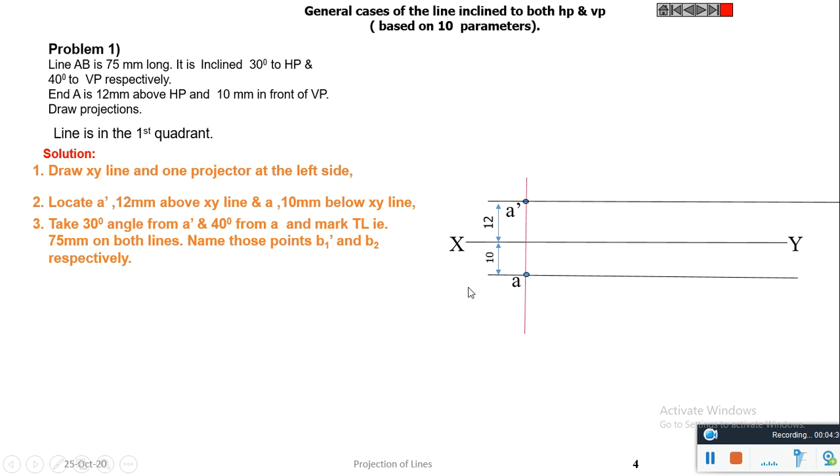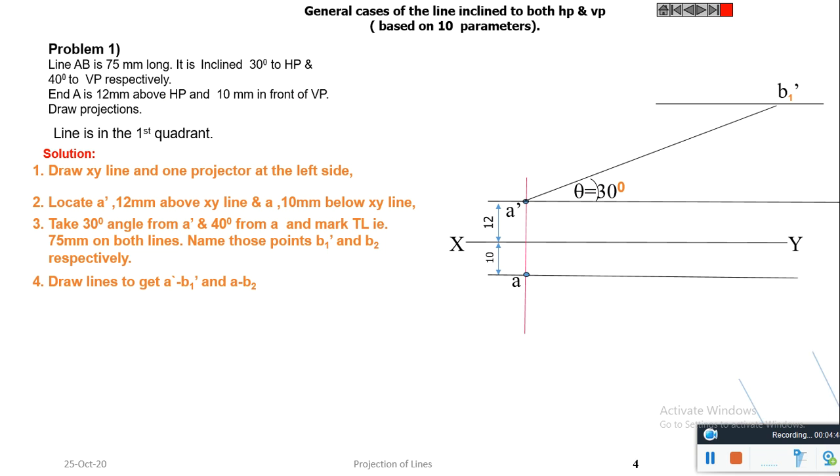Take an angle 30 degree from A dash and 40 degree from A and mark true length, that is the given 75 mm on both lines, and name these points as B1 dash and B2. So here A dash B1 dash is the true length 75 mm.